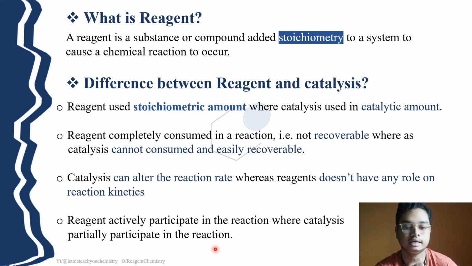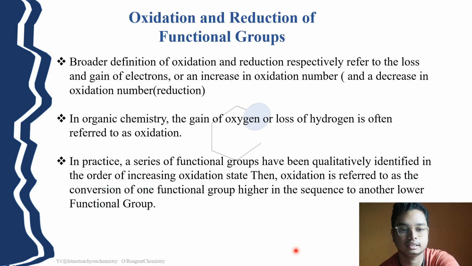It will actually attach to the substrate in situ, and then it will be removed after its job is done, and the job of the catalyst is simply to alter the reaction kinetics. So I hope that this will be enough for understanding the difference between a reagent and a catalyst. Now we move to our next segment, that is the oxidation and reduction of functional groups.